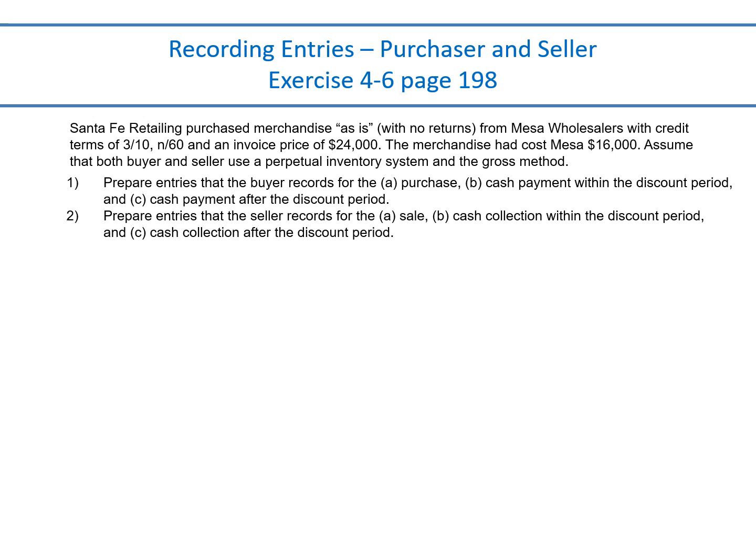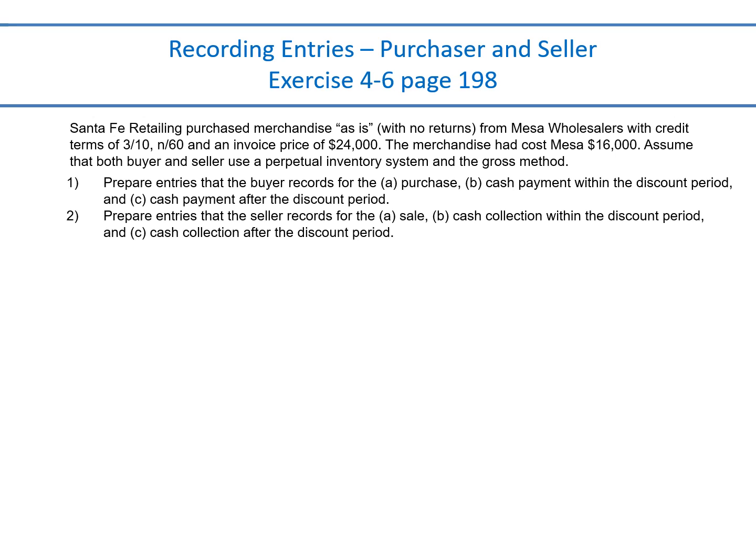Assume that both the buyer and seller use a perpetual inventory system with the gross method, meaning that they record the cost or the sale at the gross amount, and then if they take the discount as the purchaser, or if they give the discount because the customer paid within the discount period, they record the discount and its effect at that time.